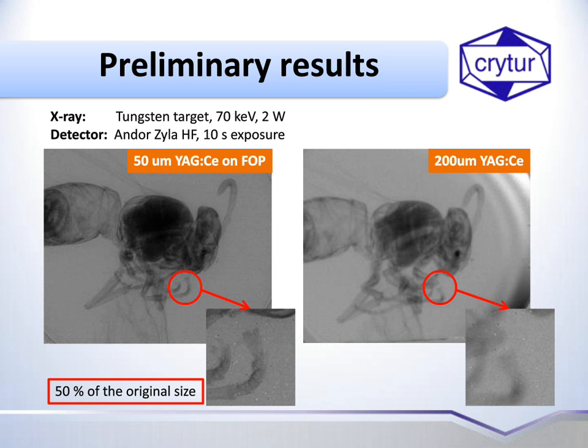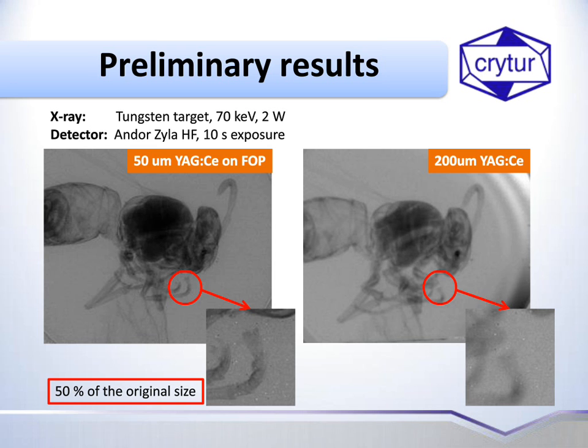This is a comparison of the resolution of two different thicknesses of scintillators. On the left side, we can see 550 micron YAG on FOP, and it's clearly visible. It's not blurred actually. You can see 50% of the original image. But on the other hand, if you switch to a thicker scintillator, you get a worse resolution. I'll get back to the slide.